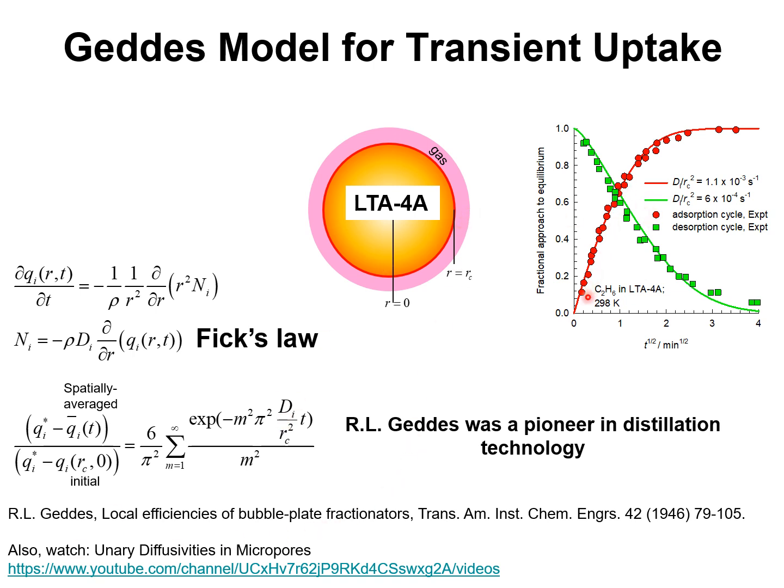The experimental data for transient uptake in the adsorption cycle is very well described by this analytic solution, taking this value Di divided by Rc squared as 1.1 times 10 to the minus 3 with the units of seconds to the minus 1.